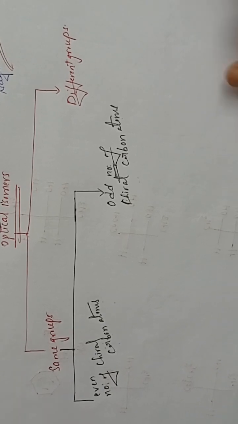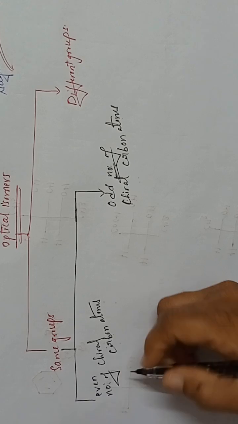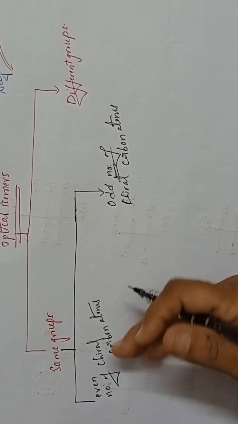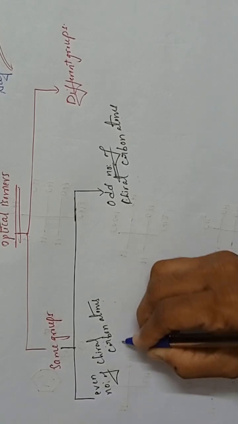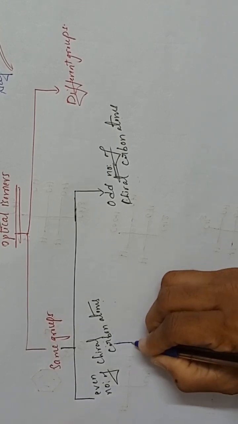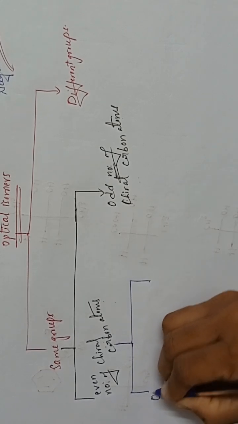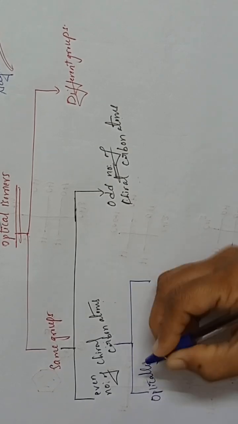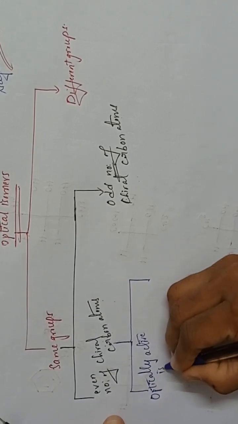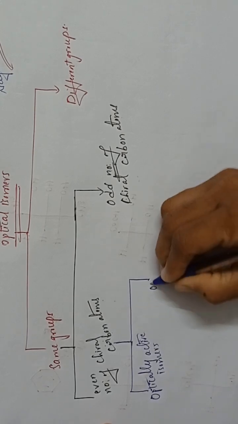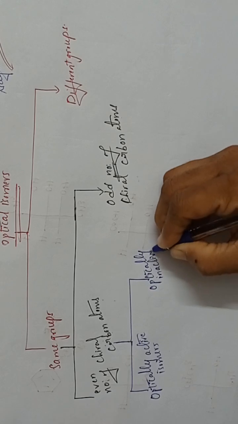Now see here, what are the formulas we have to use? In the even number of chiral carbon atoms case, how do we calculate optically active isomers and optically inactive isomers? It is again divided into two types, students. This one is optically active, and this is optically inactive.